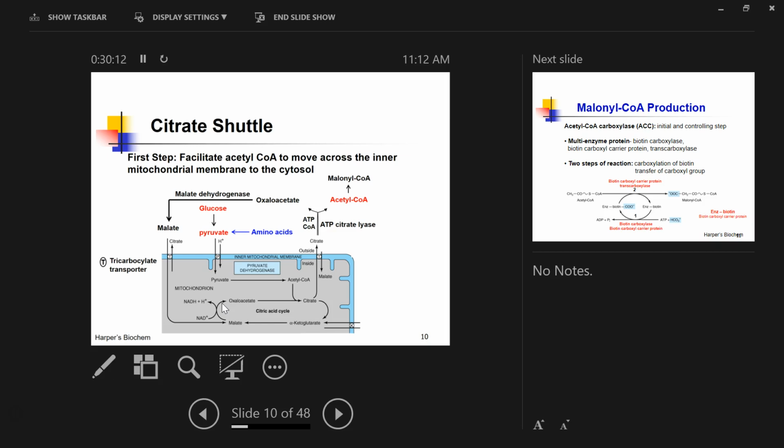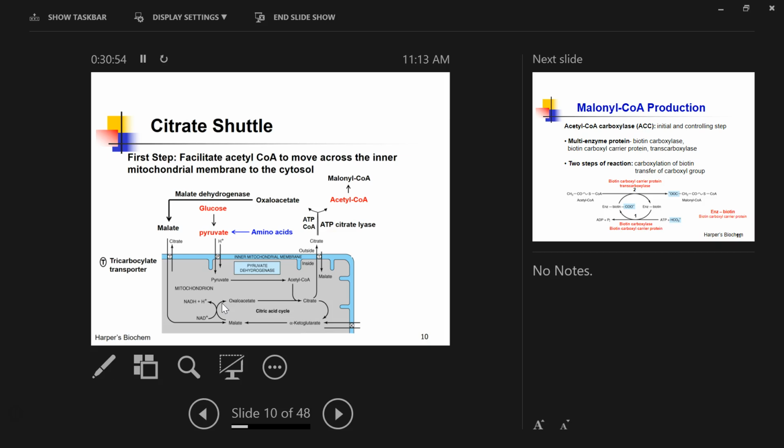The first reaction in the TCA cycle is the formation of citrate from acetyl-CoA and oxaloacetate, right? And citrate needs to be transported out of the mitochondria to the cytosol, and there is a shuttle or transporter that can transport the citrate out of the mitochondria to the cytosol, and this T represents the tricarboxylate transporter, right?